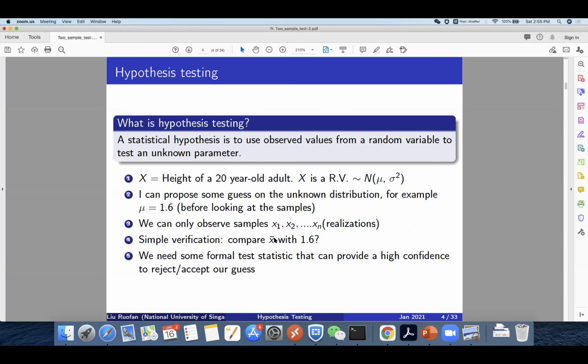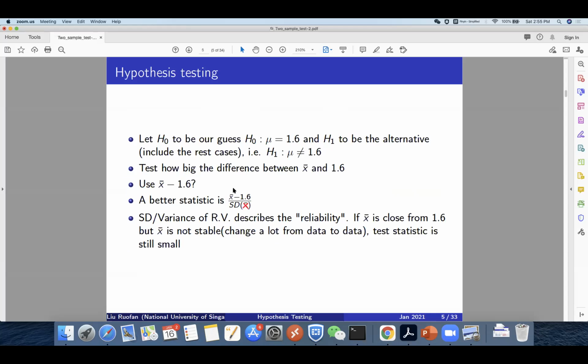Then you just compute X bar and you only have a single X bar. Then what about the standard deviation of X bar? X bar is now a random variable instead of a single observation.